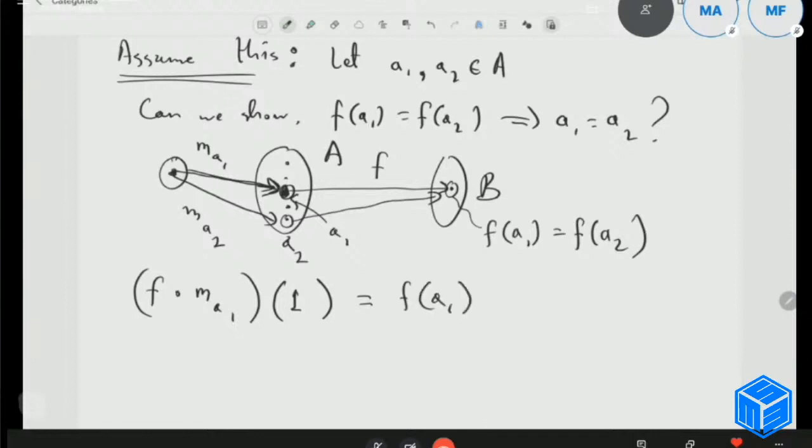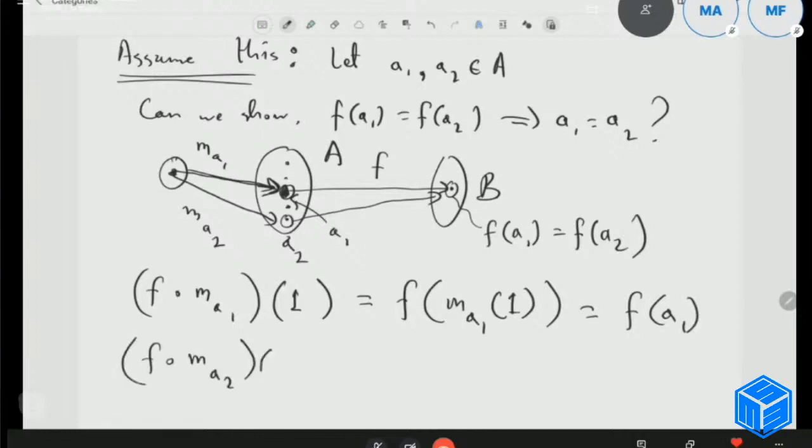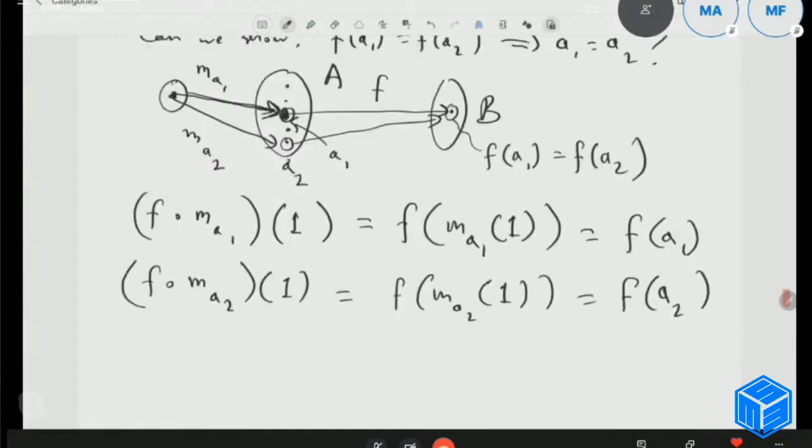Do we agree? Let's just spell it out. Mm-hmm. And then f composed with mA2 of 1 equals f of mA2 of 1, which is f of A2. Right?